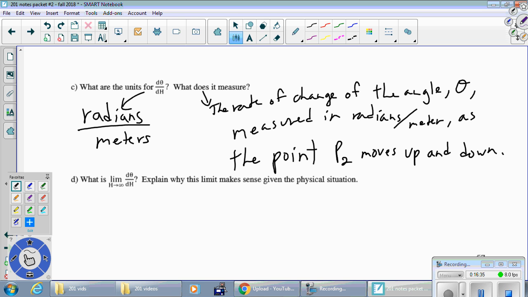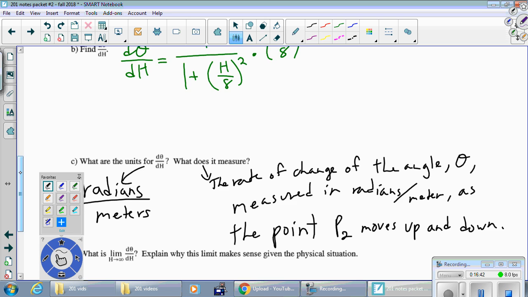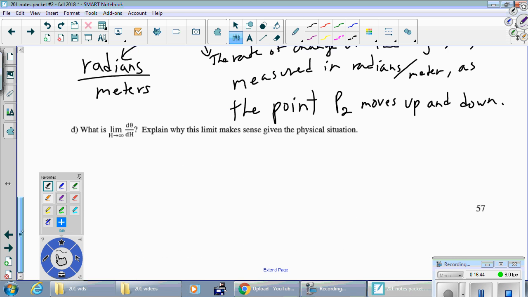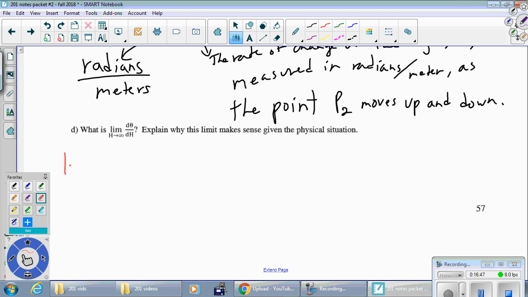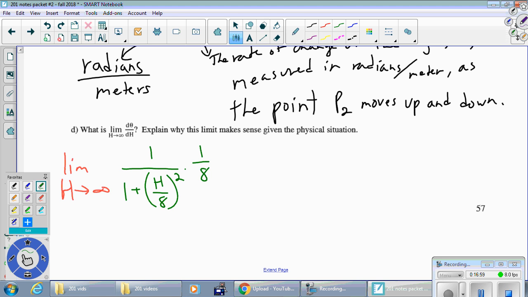And then part D says, what's the limit of d theta dh as h goes to infinity? All right, well, let's take a look. So we've got d theta dh up there in green. I'll copy it down here. Limit as h goes to infinity of 1 over 1 plus h over 8 squared times 1/8. Okay, so we are sending h to infinity.